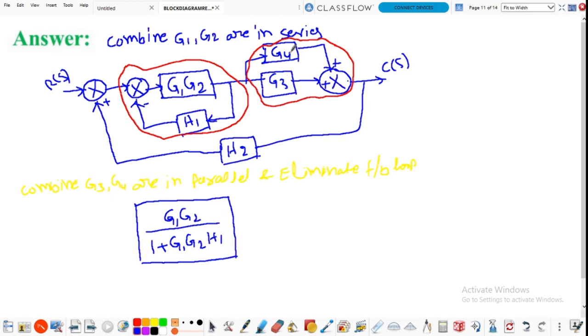And these two blocks are in parallel, so eliminate the parallel blocks: G3 plus G4.